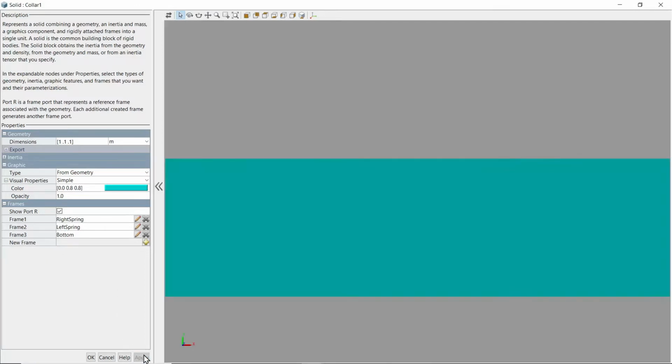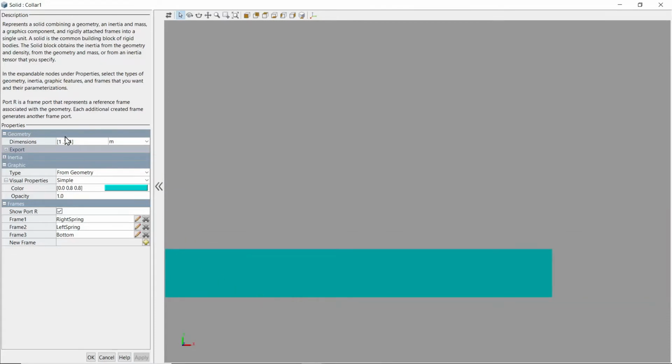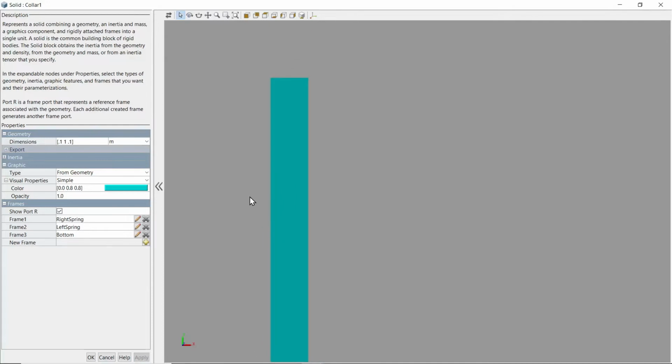Apply, F5. It's 1 meter in the Y direction, not the X. So let's change it. Apply, F5. Okay, perfect.